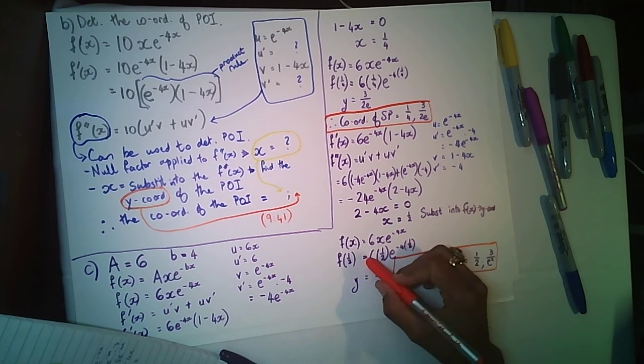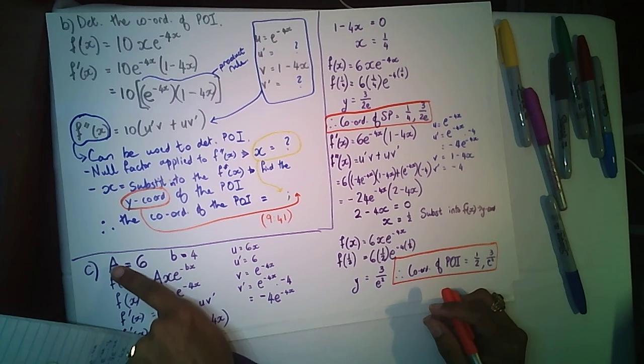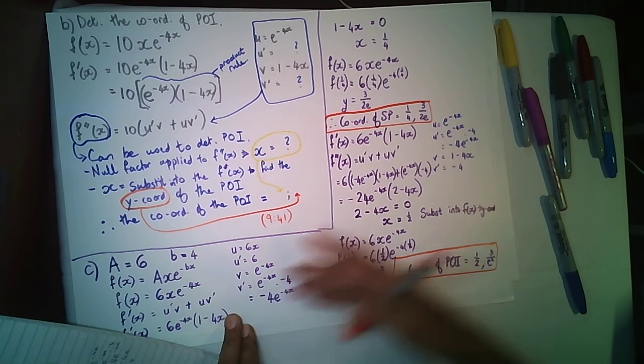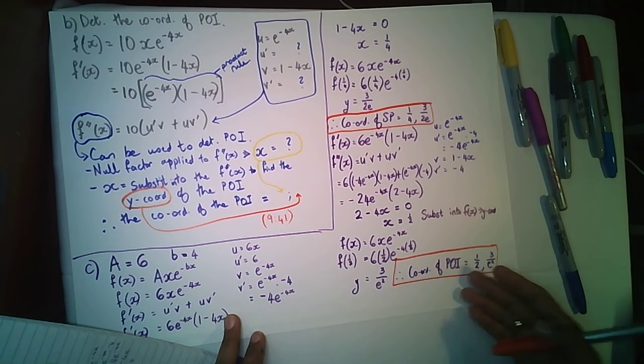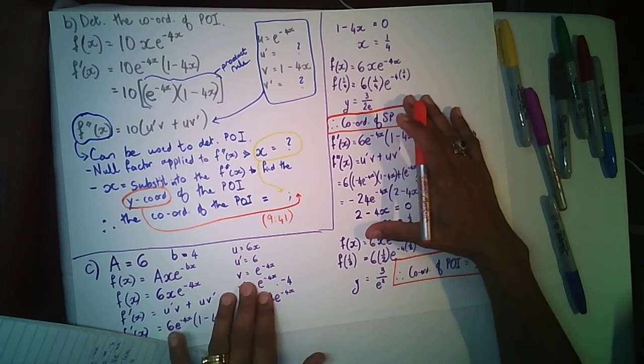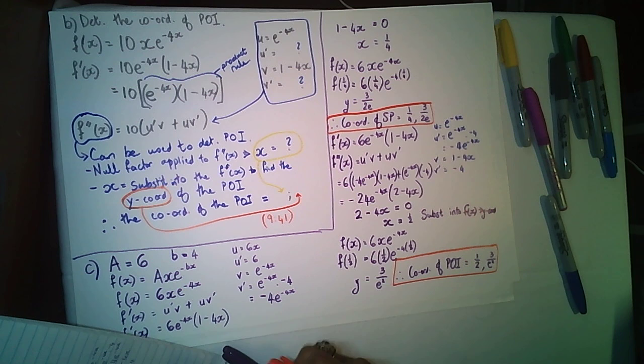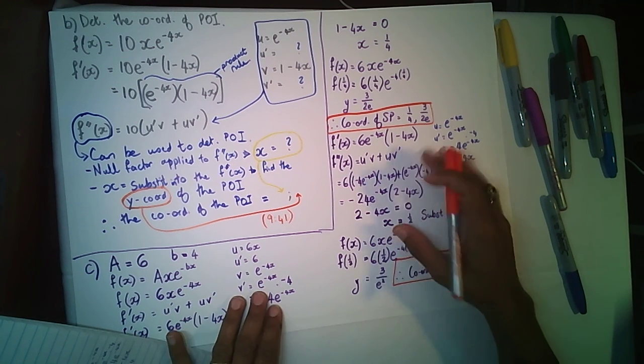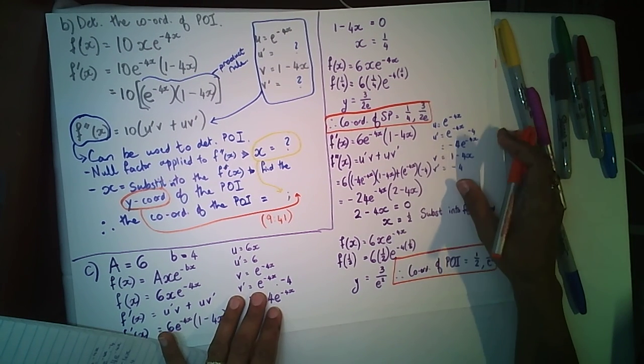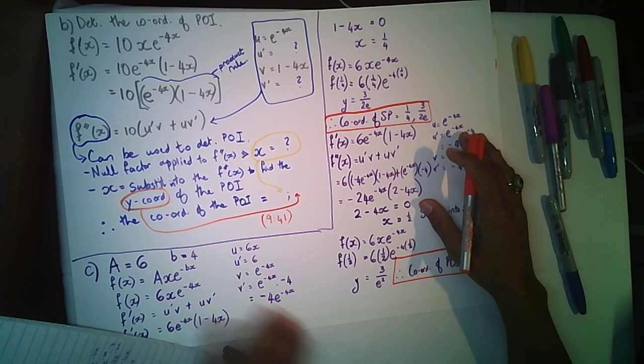You need to show evidence that you can change this A value 3 times going through this entire procedure, and you would probably do one of these in the main body of your investigation and the other 2 values you're going to do in the appendix. Otherwise your investigation will be too thick.